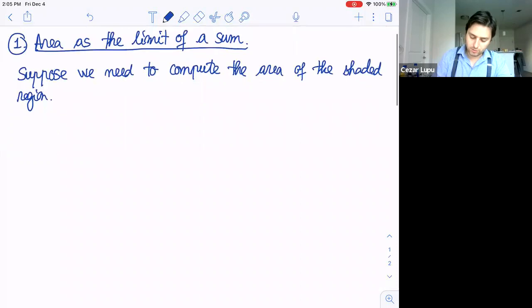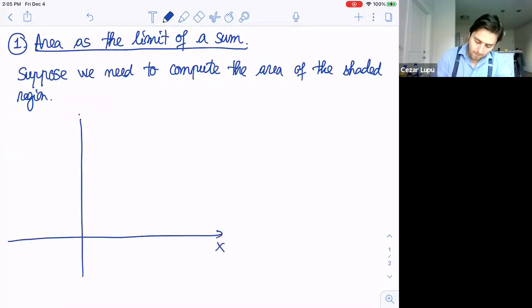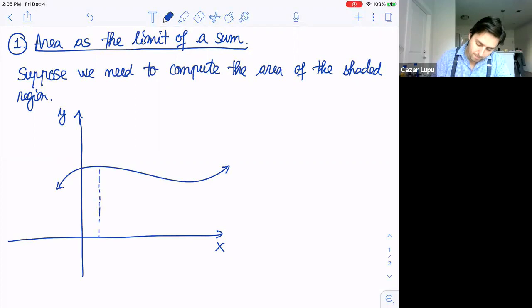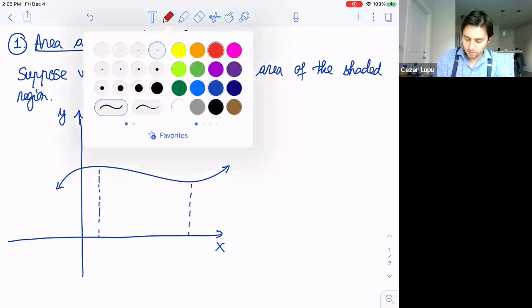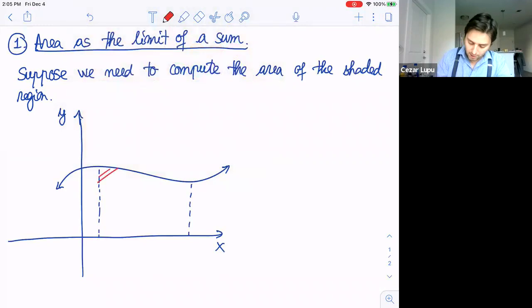Let me just draw it here. Suppose we have the graph of a function which goes like this. The area of the shaded region in this case is this guy here.